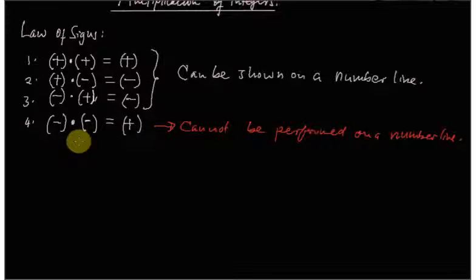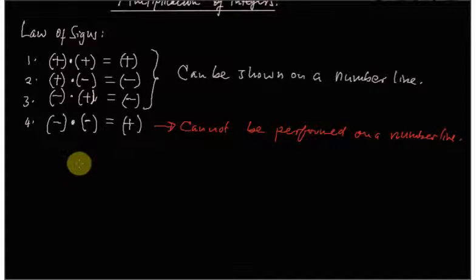But that does not mean stop looking. No, go on looking. We have a lot of sources. You can also try to explore yourself, use the knowledge, and see if you can do this on a number line. But for me, at the moment, I say it cannot be performed on a number line.